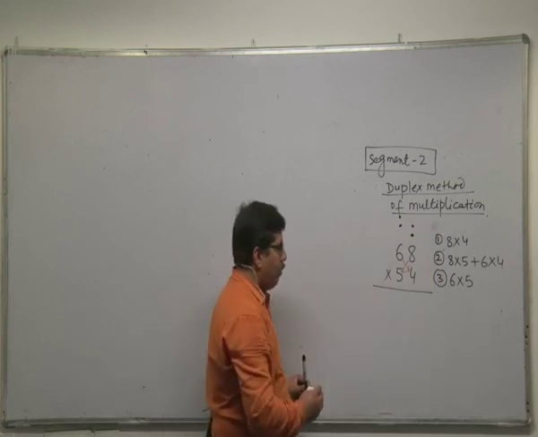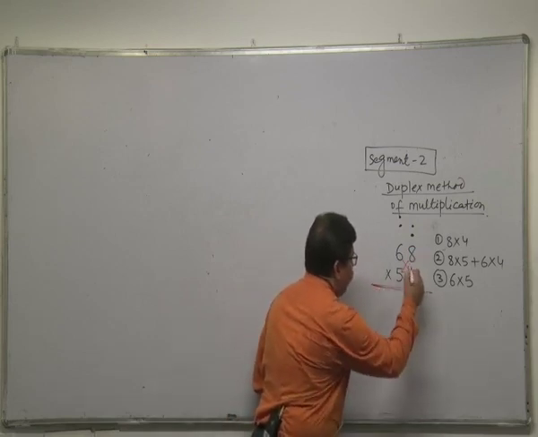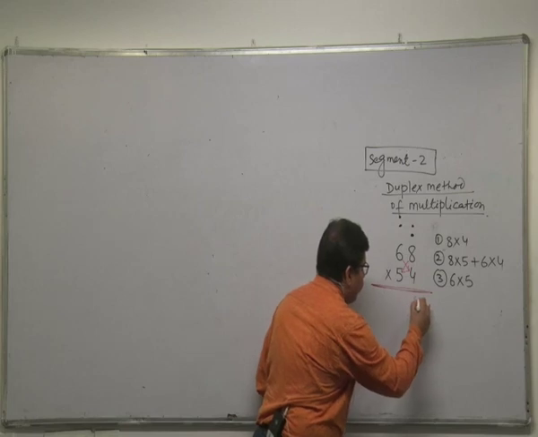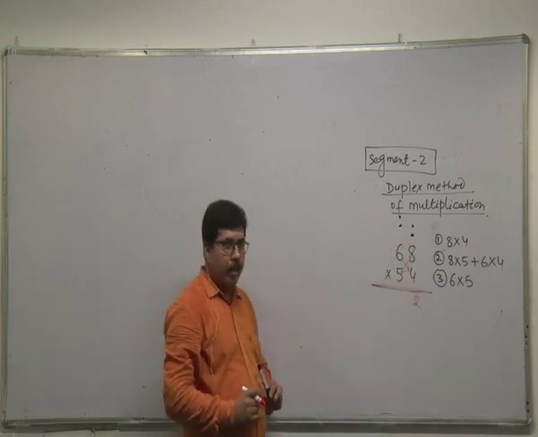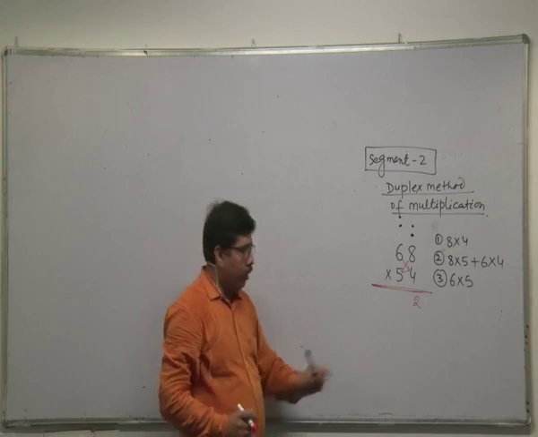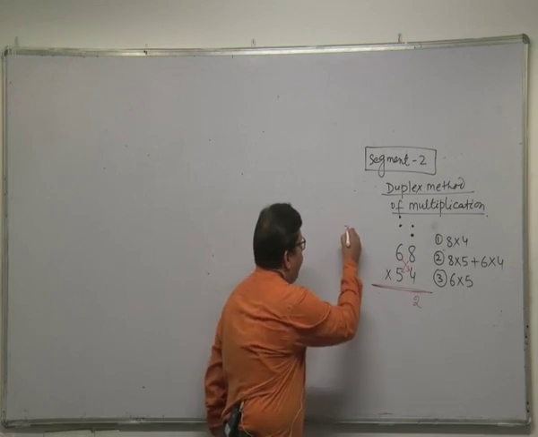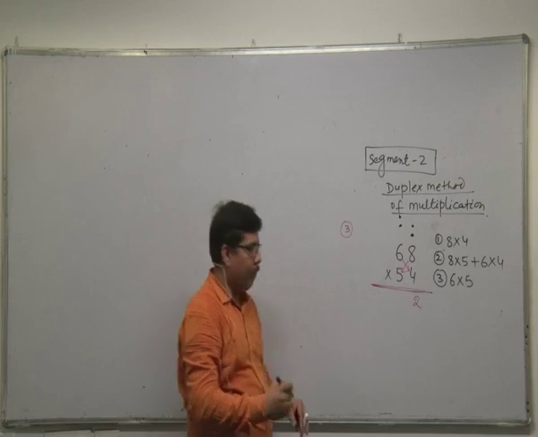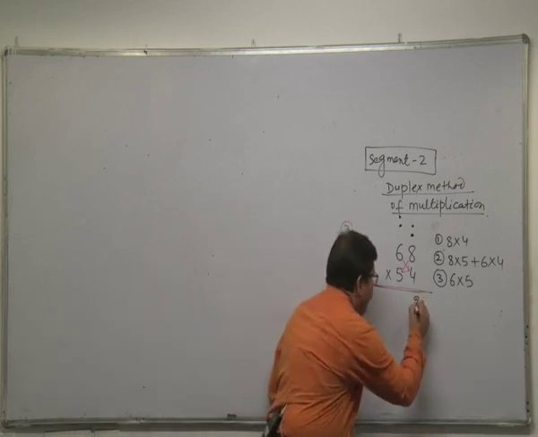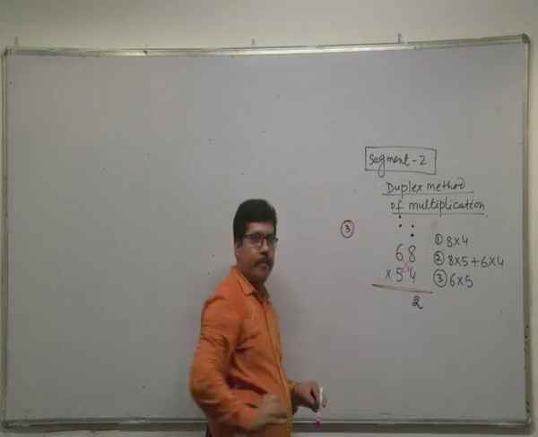What is your first product? 8 and 4. 8 4s are 32. The first digit which appears is from 32, which means we place 2 over here, and 3 is the carryover. Right? So 2 here, and 3 is the carryover.